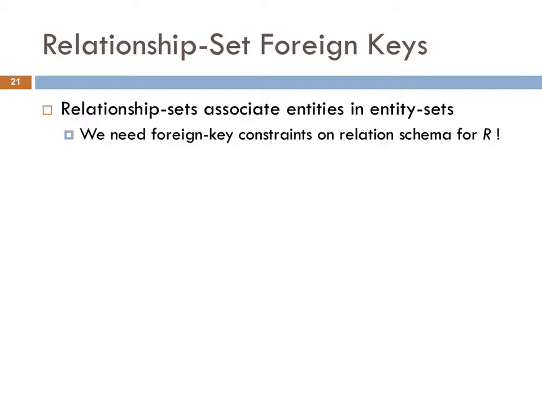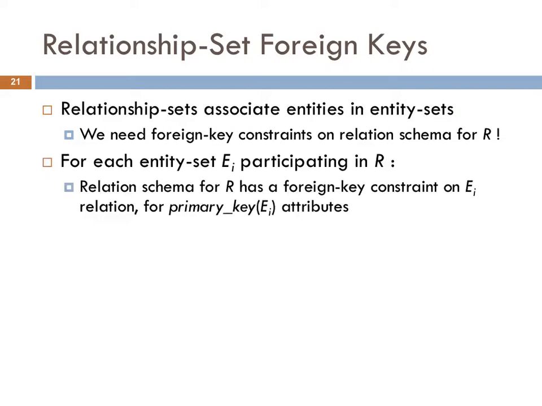Oh yeah, the other thing is that relationship sets have to have foreign keys because they're relating things from entity sets. Okay, again, think about customer and loan and borrower. Borrower is associating customers and loans. So we have to have foreign keys. Relationship sets are going to generate foreign key references.